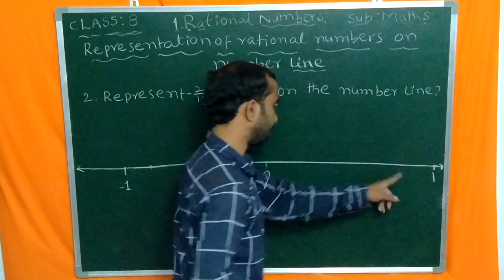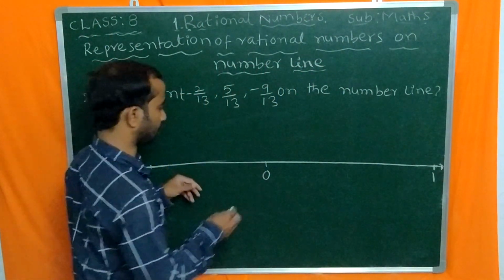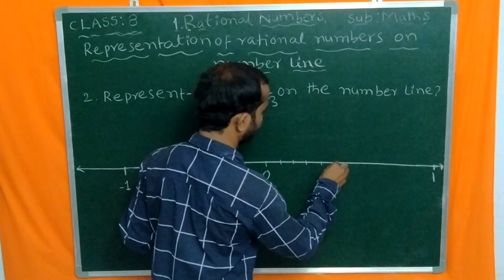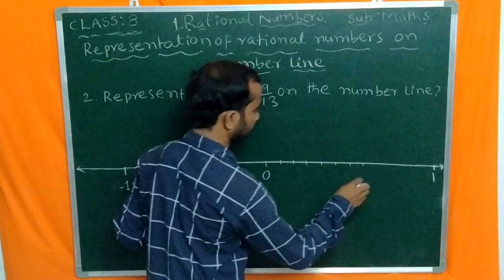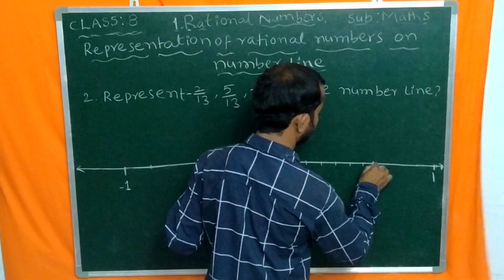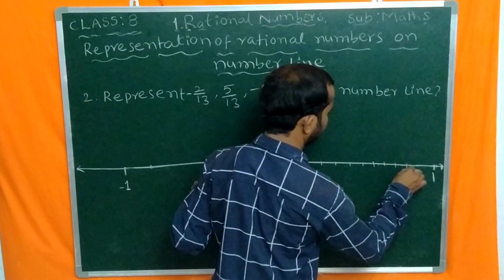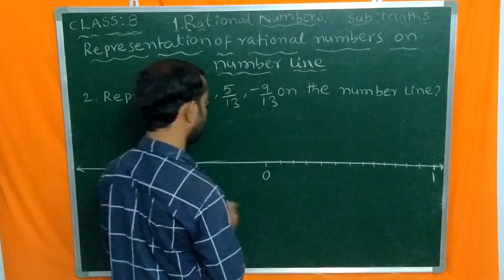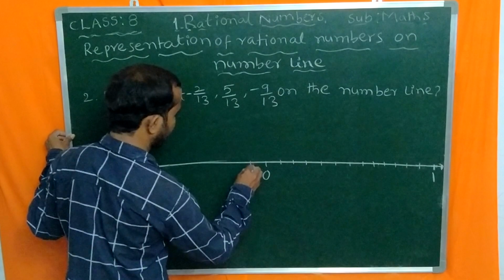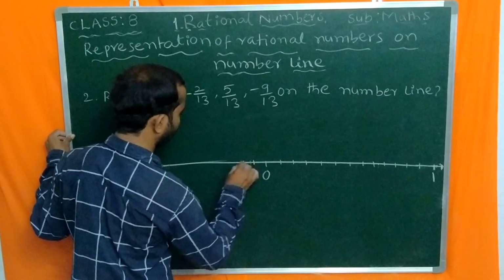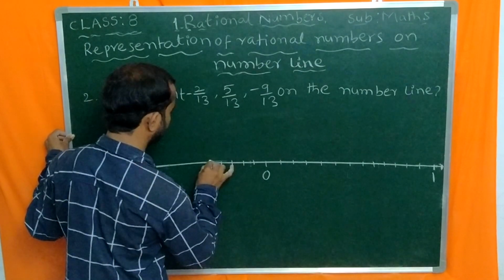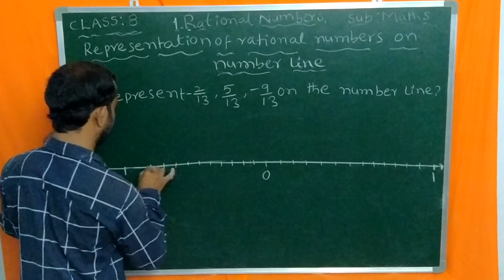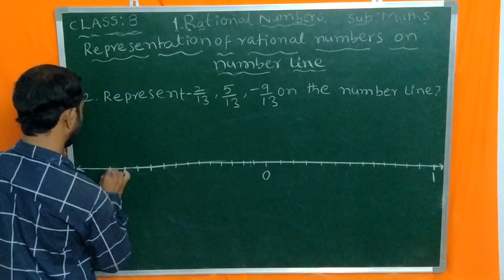One unit is divided into 13 equal parts: 1, 2, 3, 4, 5, 6, 7, 8, 9, 10, 11, 12, 13. Next, the left side: 1, 2, 3, 4, 5, 6, 7, 8, 9, 10, 11, 12, 13.